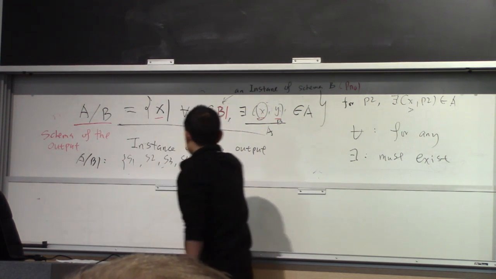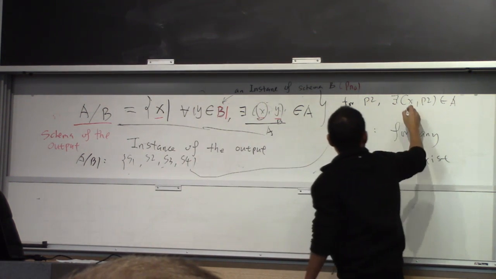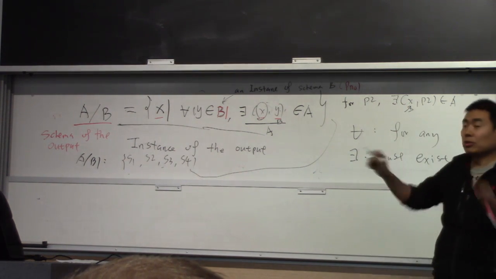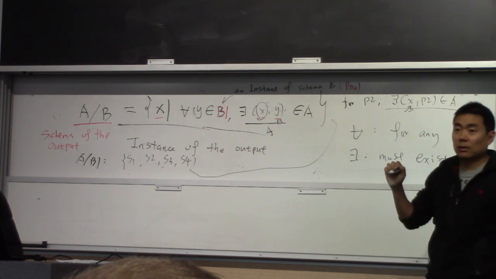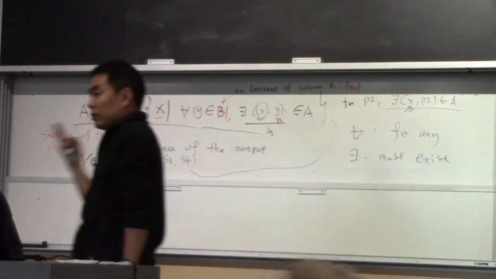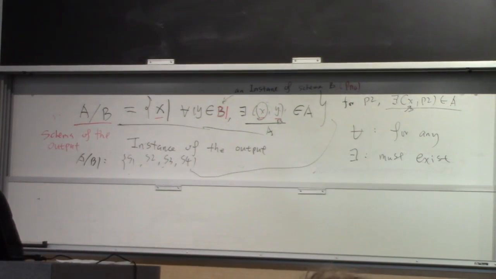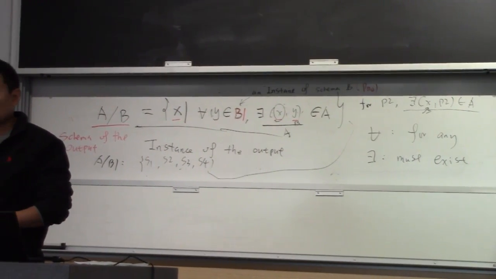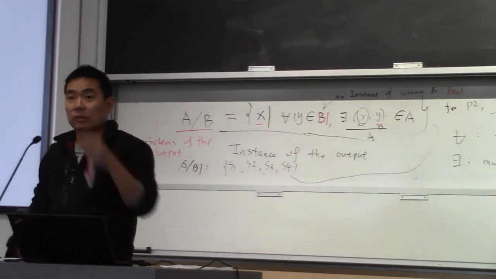Because if you substitute any one of them into this X, this statement is true. S1, P2 belongs to A, S2, P2 belongs to A, S3, P2 belongs to A, S4, P2 belongs to A. Let me finish, then I will take questions.